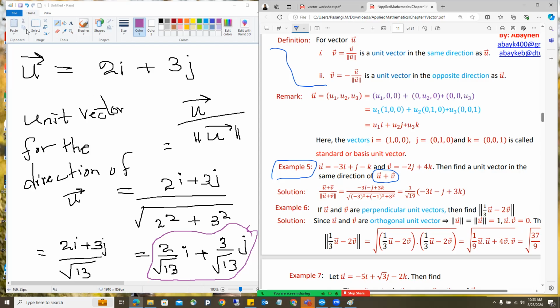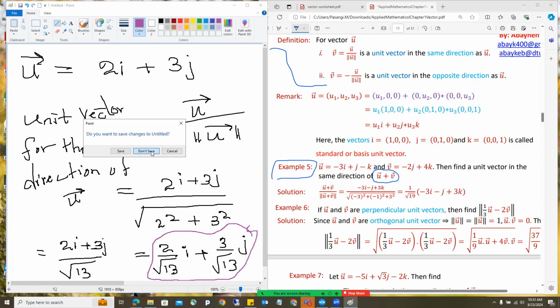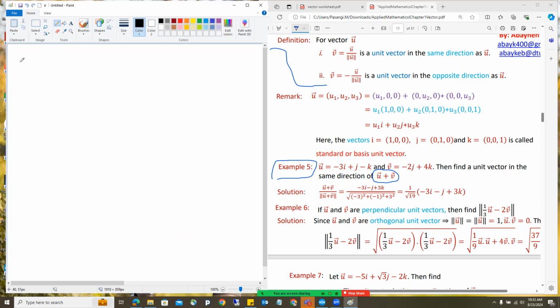To find the magnitude, how are we going to do it? Vector u is given as minus 3i plus j minus k. Vector v is given as minus 2j plus 4k. There is no i component there.